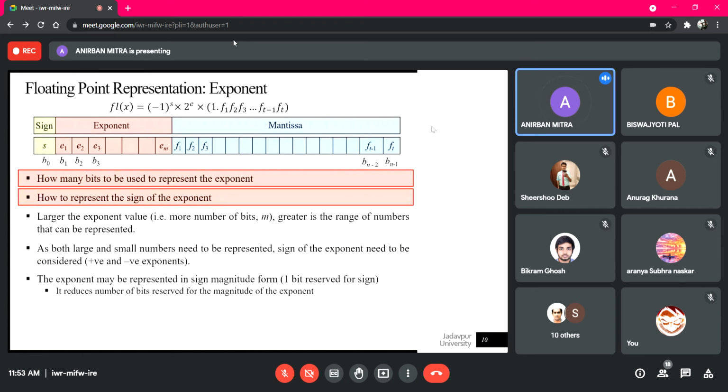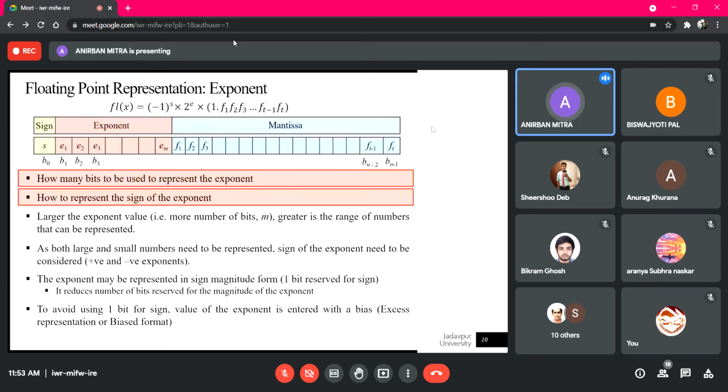But in order to avoid that, in case of the exponent, that means to avoid having two different types of 0, a positive 0 and a negative 0 exponent, we go for an excess representation or a biased representation. To avoid using that 1 bit for sign, the value of the exponent is entered with a bias. This is known as the excess representation or the biased form.